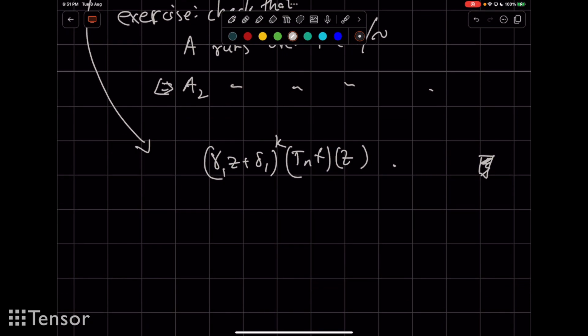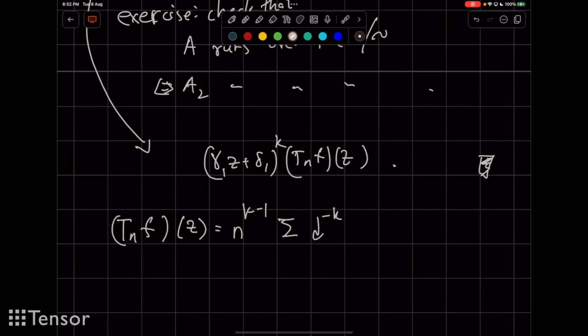Now let us write the first definition we've seen of T_n f. What was it? It was like this: n to the power k minus 1 sum of d to the power minus k, where d divides n, sum of b equals 0 to d minus 1 f of (nz plus bd) over d squared.